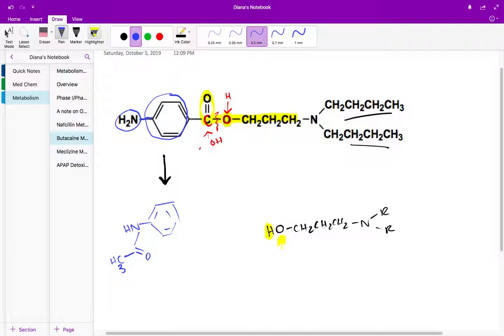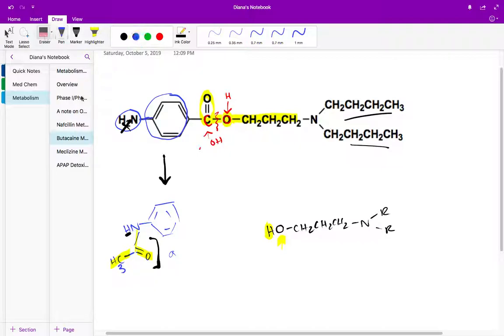So this group right here that I'm highlighting is the acetyl group that got added on to my nitrogen. And if you notice that in the process I lost one of my hydrogens because there's only one hydrogen here, and then I've added this acetyl group here. So that acetyl group is what makes this N-acetylation, right?